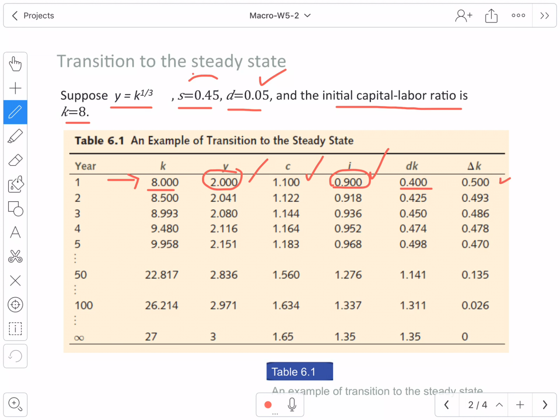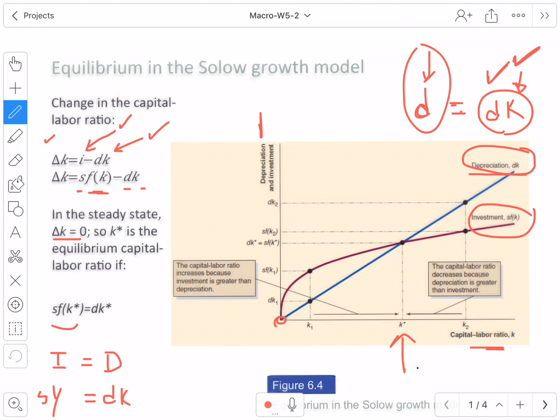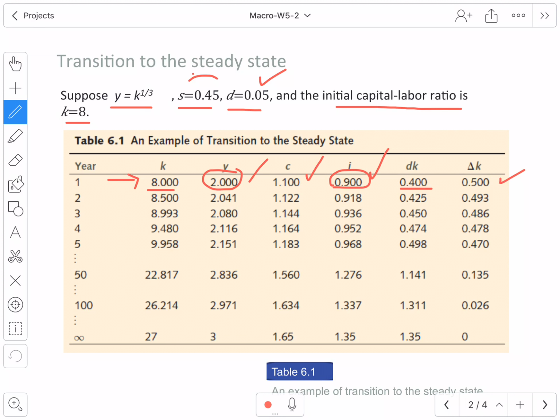And then you're getting the change in capital from this equation. So the change in capital is the amount of investment minus the amount of depreciation, right? So you need basically to get s times f(k), or s times y, which is the 0.9, minus the dk, will give you this number.